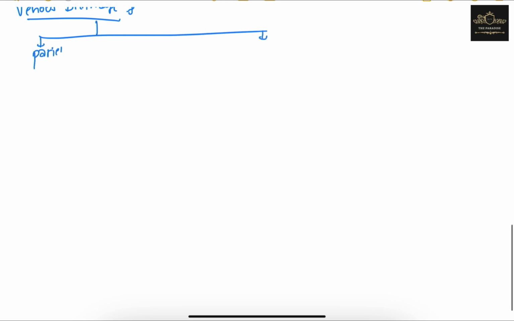Next is venous drainage. In this part also, first is parietal and next is visceral.